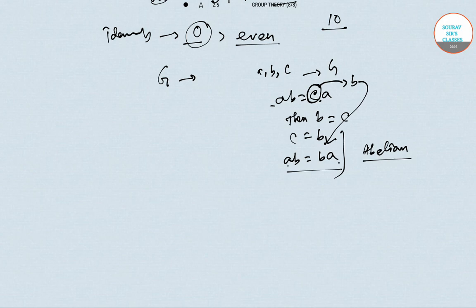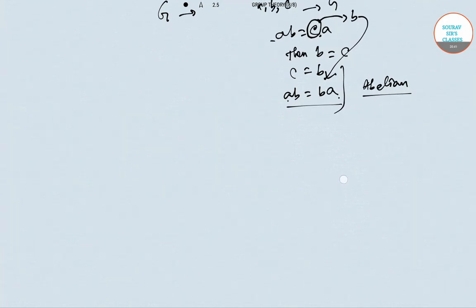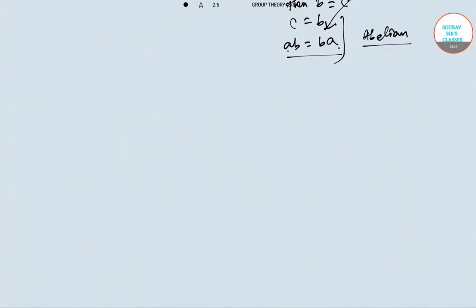Now, the law of exponents for an abelian group. Let a and b be elements of an abelian group, and let n be any integer. In this case, (ab) to the power n, we know, is a simple mathematical rule. Is it true for a non-abelian group also? I can show you.